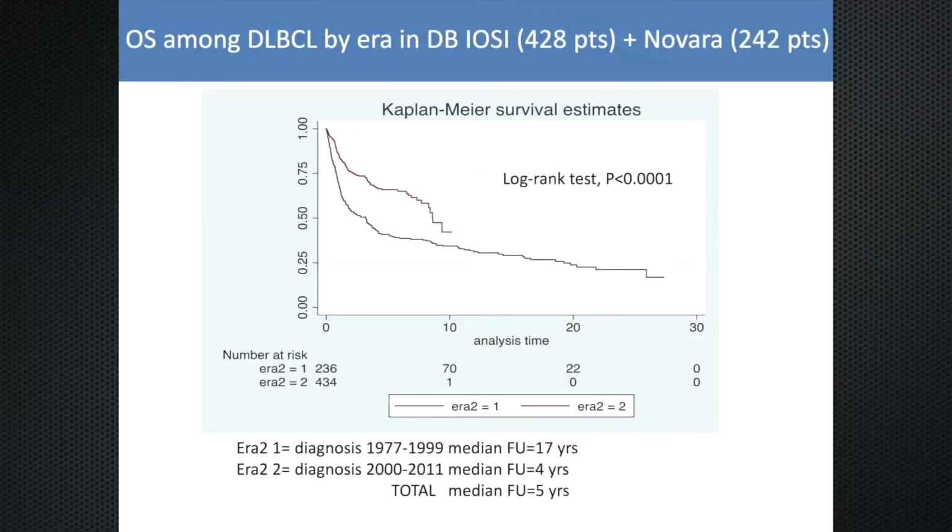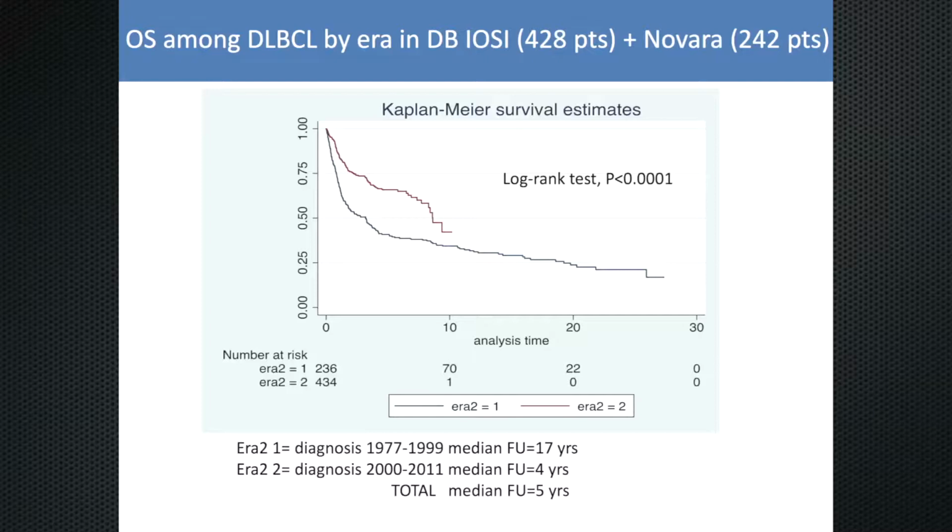Now, let's just look at the three most frequent subtypes. This is diffuse large B-cell lymphoma, representing about 40% of the non-Hodgkin lymphomas. Again, our database and that of Novara, through a postdoc who was here, encompasses about 700 patients.